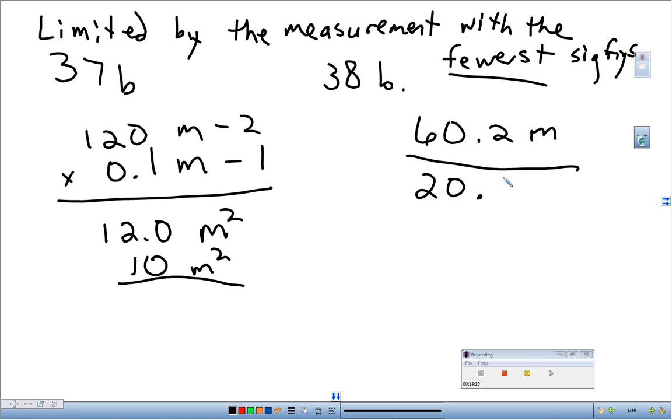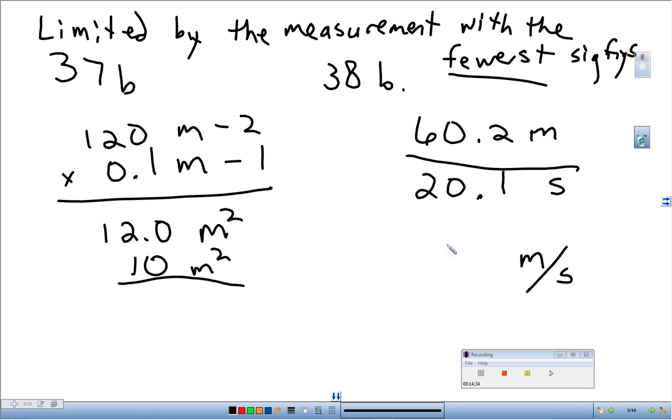Is it 0.1? 60.2 and 20.1? Well, that's easy. Oh, that's fine. That means I can't do anything with these units other than leave them as meters per second. And maybe realize that that's speed. How fast are you going? Meters per second. So it's a derived unit. Meters per second. Is it really this easy?